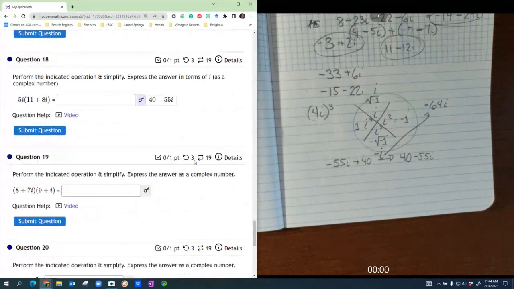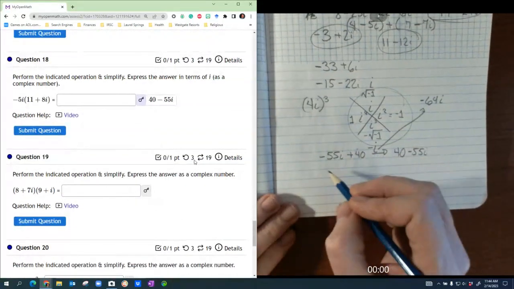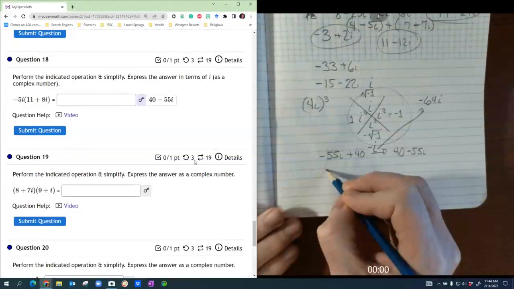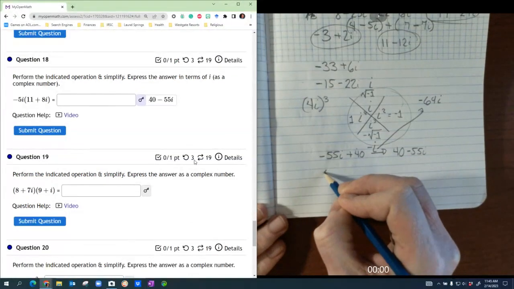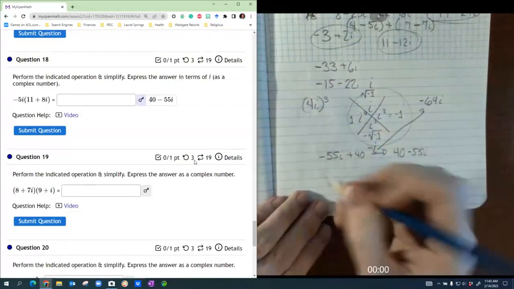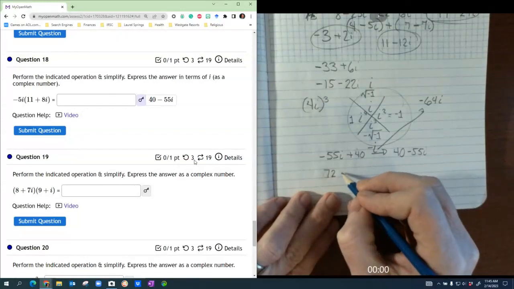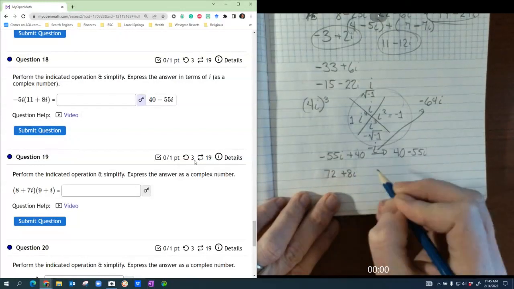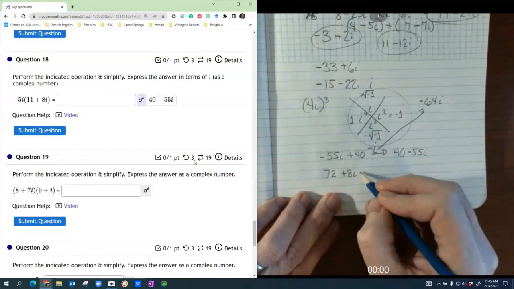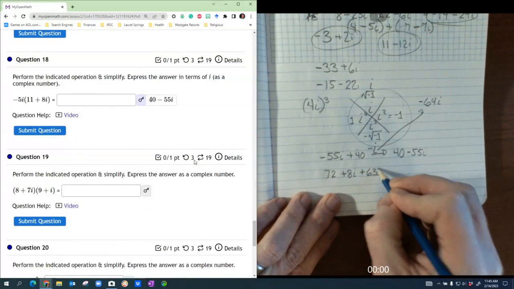All right, now we're going to look at this one, where we have 8 times 9, and then we're going to go ahead and do 8 times i. 7i times 9 is positive 63i.